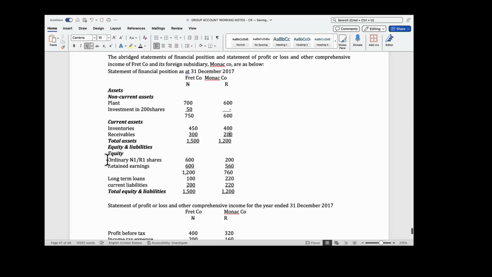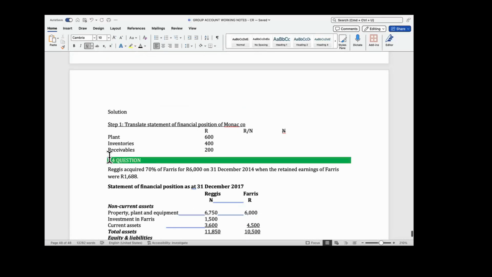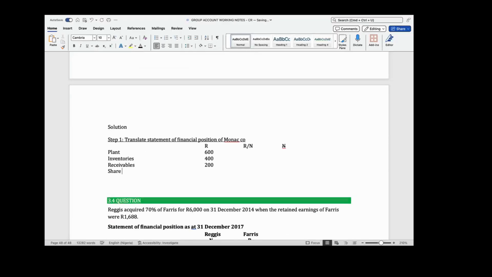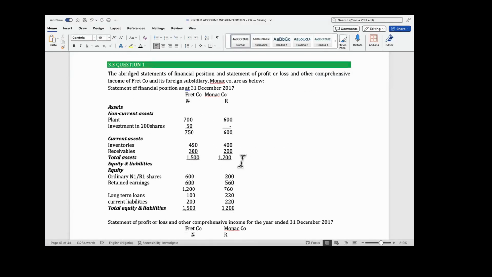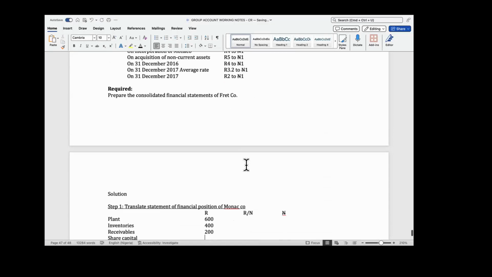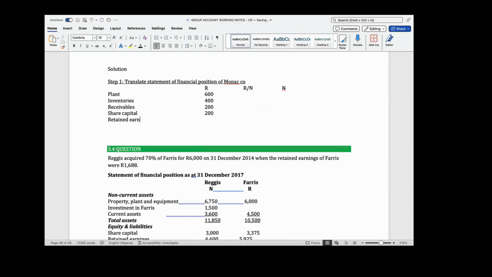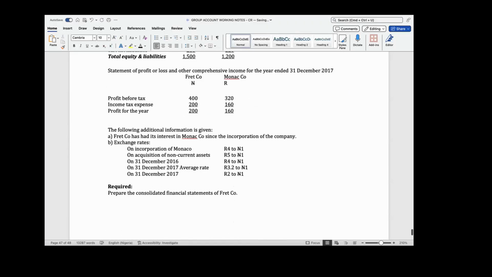Yeah. The next item is ordinary share capital. And how much was the ordinary share capital? 200. The next item is retained earnings. And how much is that? 560.